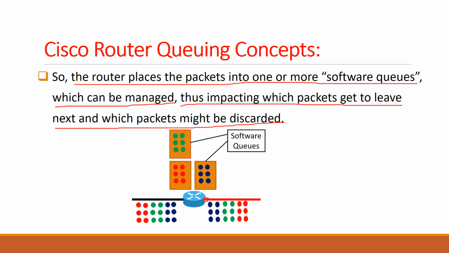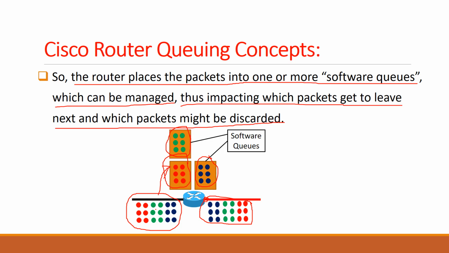And it can also determine which of those packets can be discarded. But in this scenario, no packets are discarded. All the packets are stored inside software queues, and then, as you can see, the order of the packets is different.